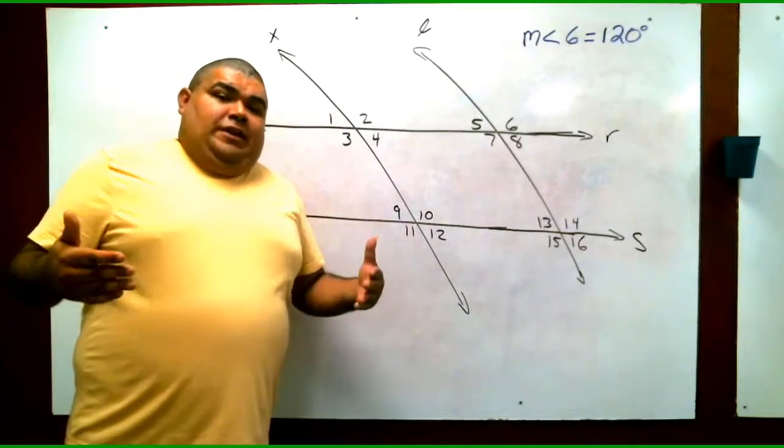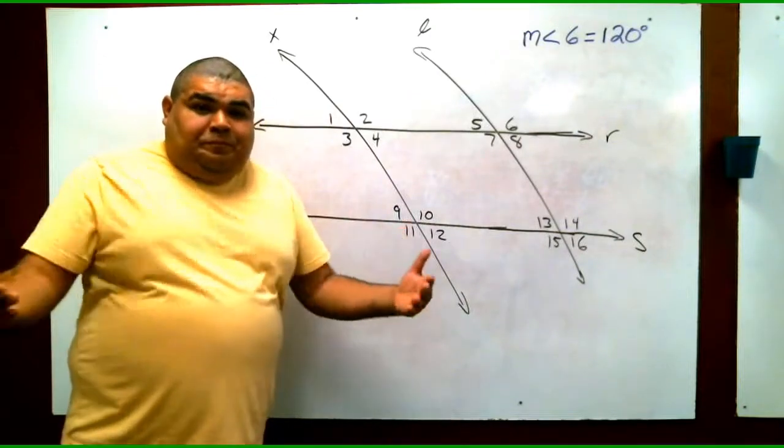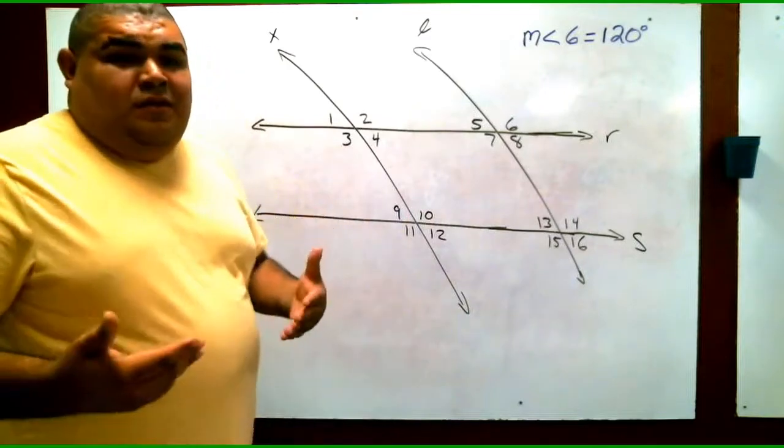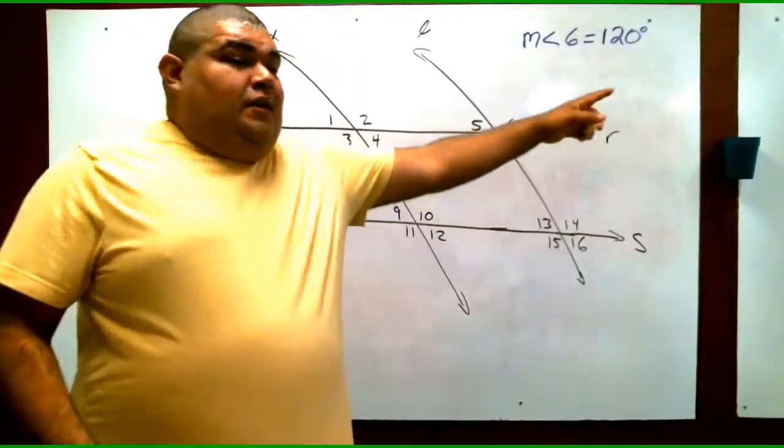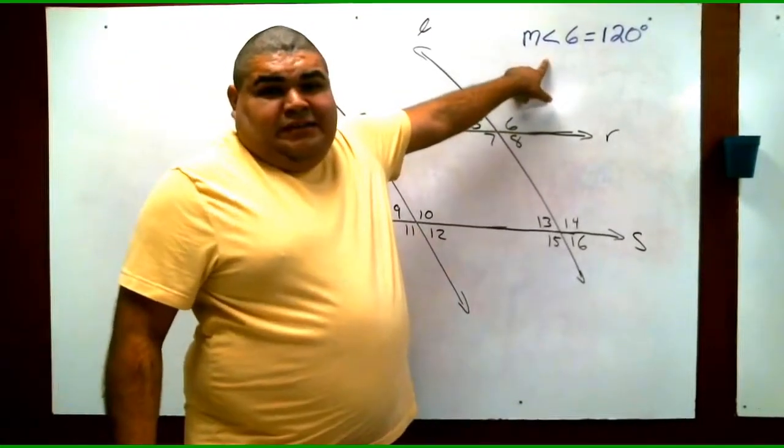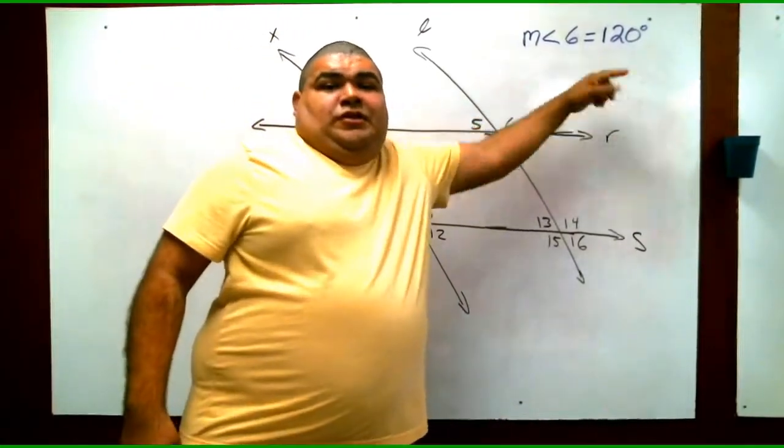Our goal for today is very simple. All we have to do is solve for the angles. It tells us that angle 6 is 120 degrees.